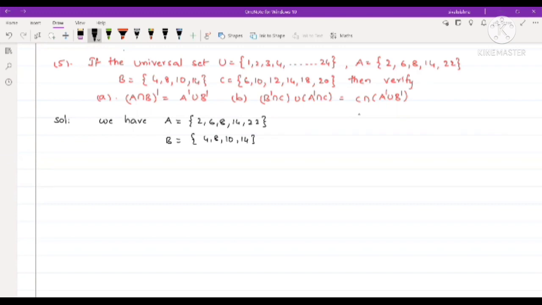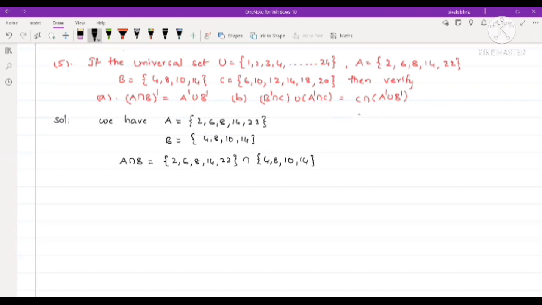In order to prove the first part, we have to write A and B. After that, I am going to find A intersection B. A intersection B is equal to 2, 6, 8, 14 and 22 intersection 4, 8, 10, 14.